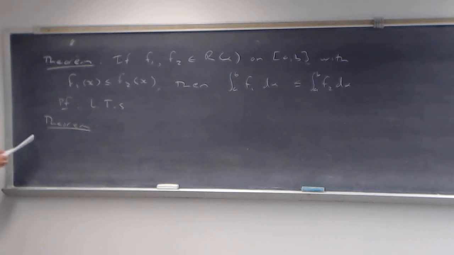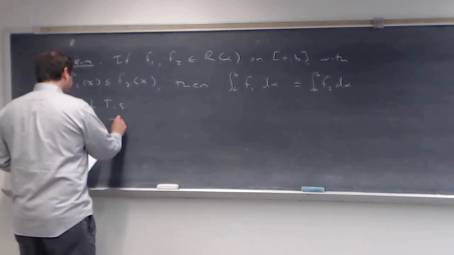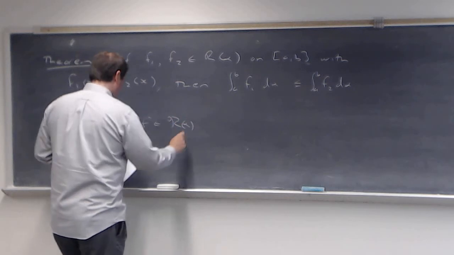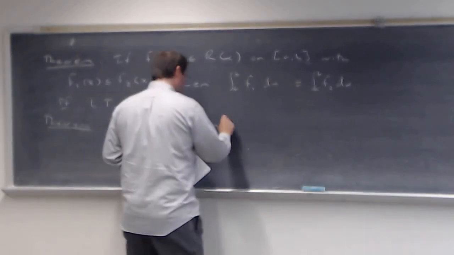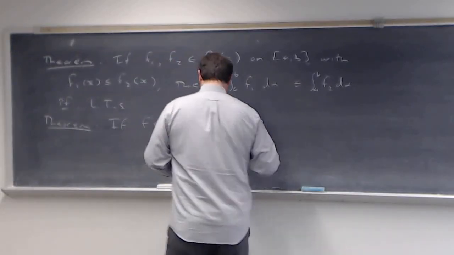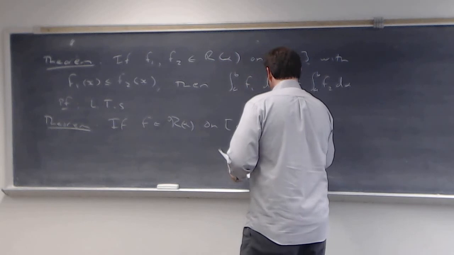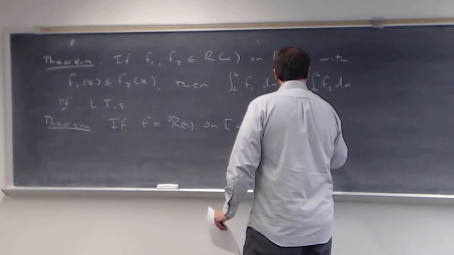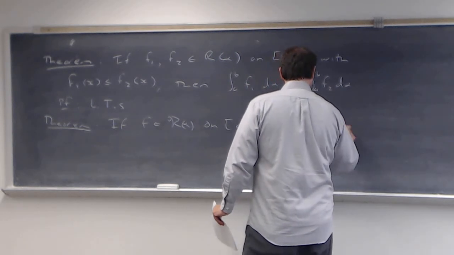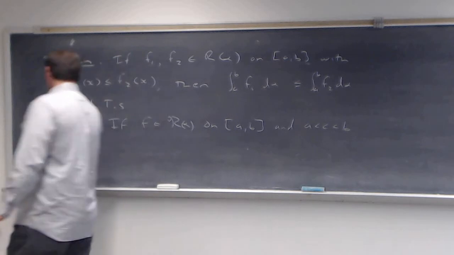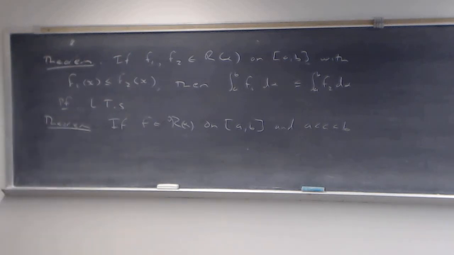The next fact I will prove, and here's what it says. If f is Riemann-Stieltjes integrable on a to b, and a is less than c is less than b, so c is what we're concentrating on, c is some number in the closed interval that isn't equal to a or b.